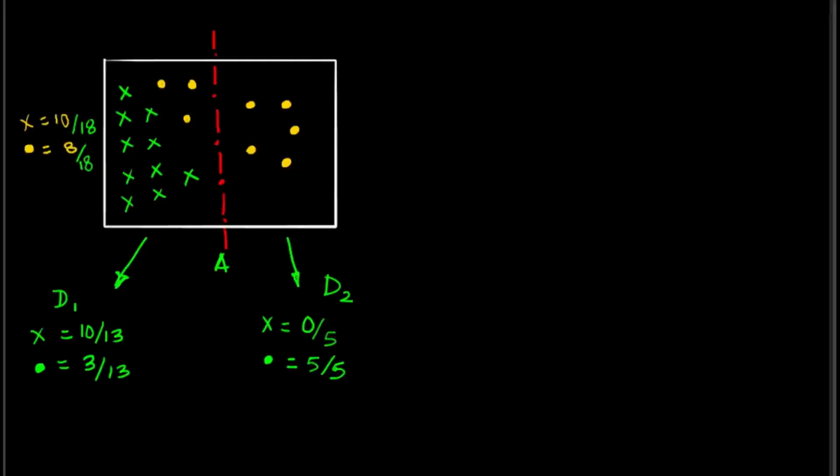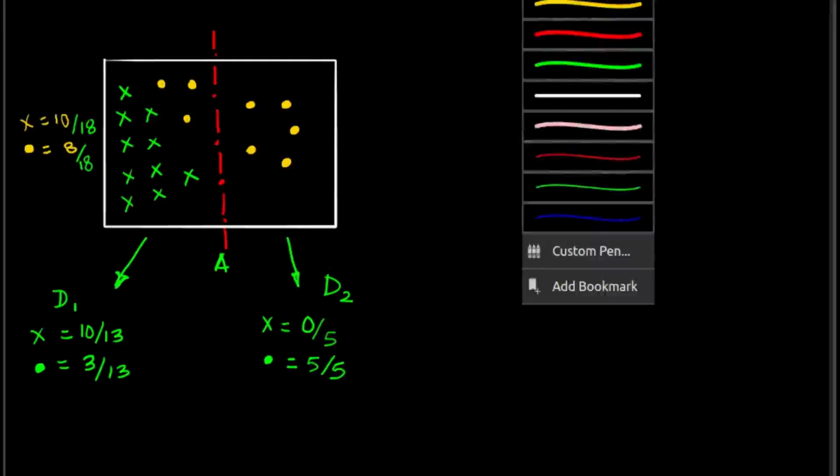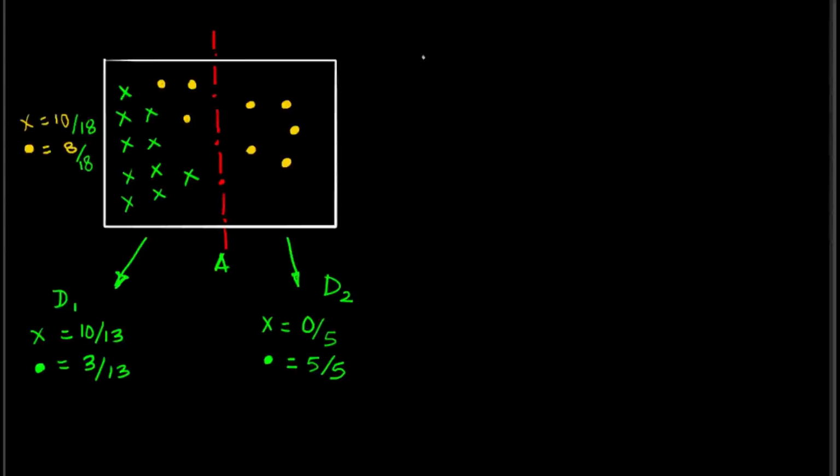Now we will calculate the Gini index of the dataset. So the Gini index of the dataset, let's say D, is nothing but 1 minus (10 by 18) square plus (8 by 18) square.